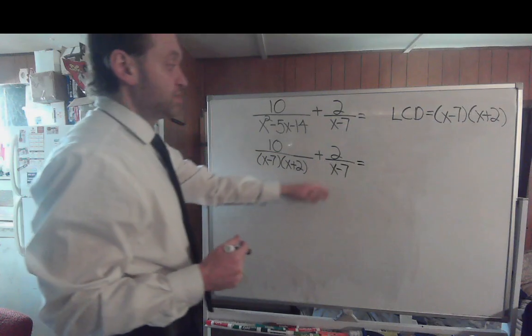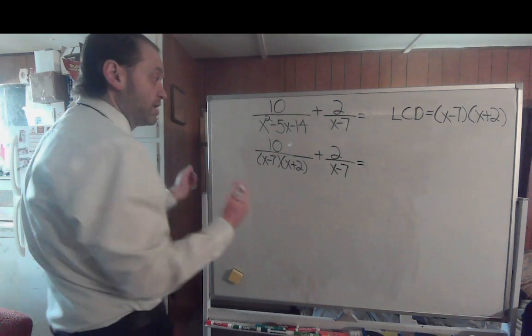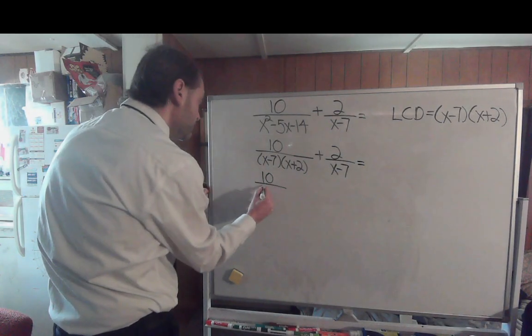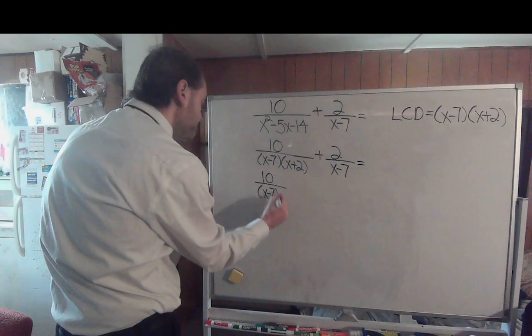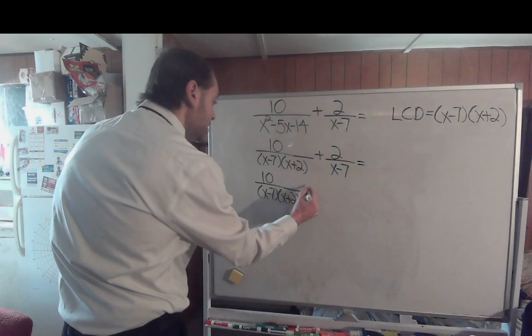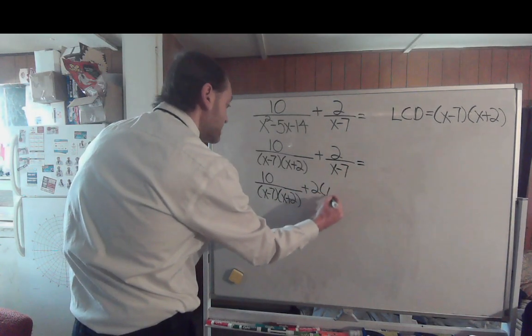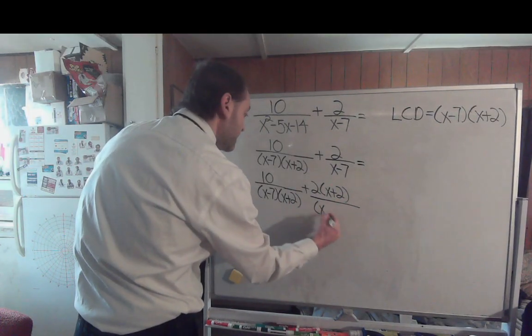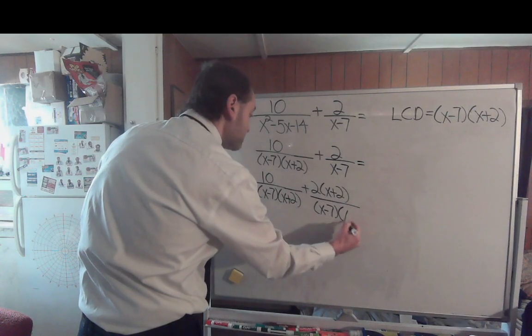So you'll have to multiply both numerator and denominator by x plus 2. So this will turn into 10 over x minus 7 times x plus 2 plus 2 times x plus 2 all over x minus 7 times x plus 2.